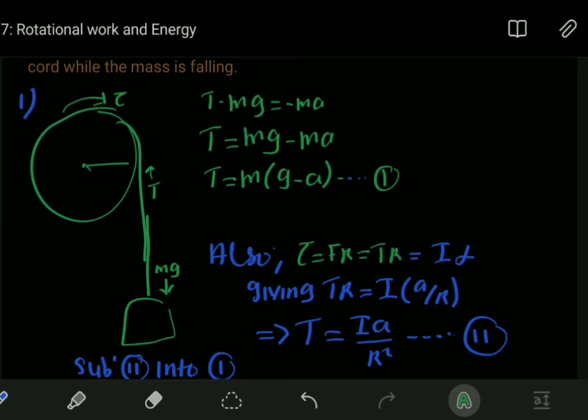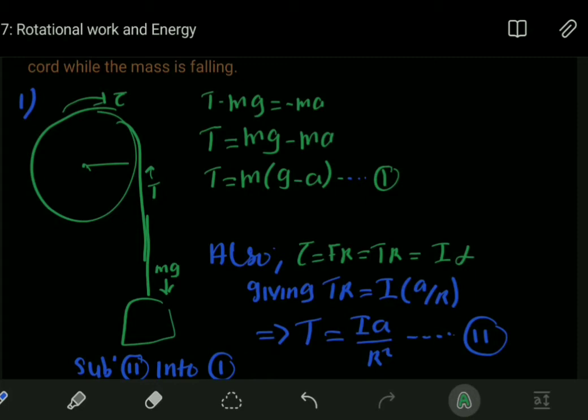We also know that this torque is equal to moment of inertia times the angular acceleration. So we equate TR equals I times alpha. Also notice that alpha is given as a over R, the acceleration over the radius.